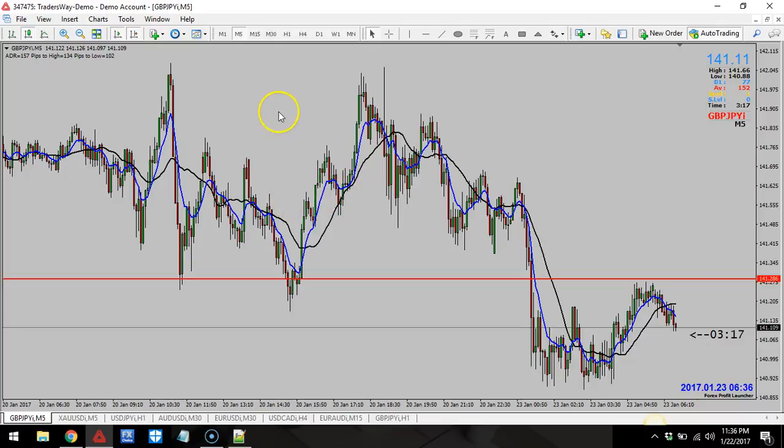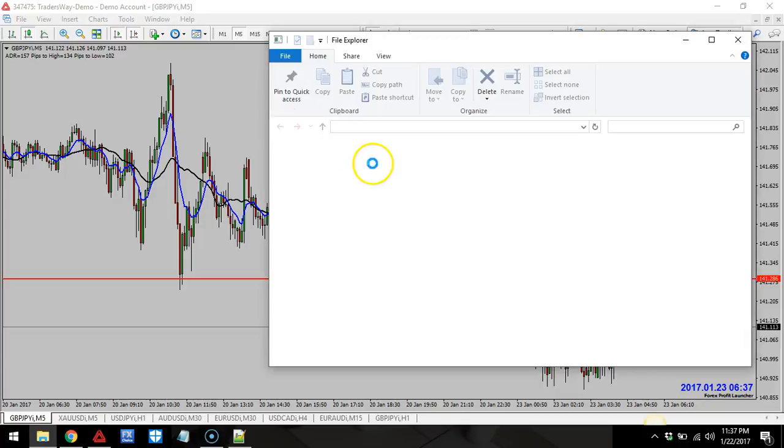It says MQL4. Once you click that, there's another folder that says Indicators, and in that folder is where you're going to copy and paste the files that I send you, so you can have all the stuff that you see on my screen. Alright, so here's the folder now.